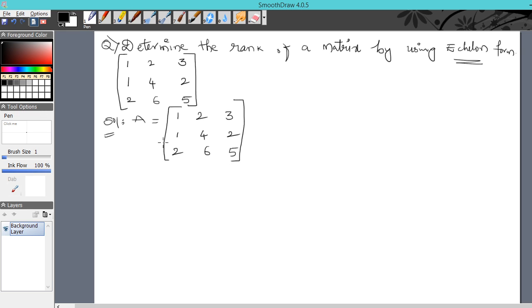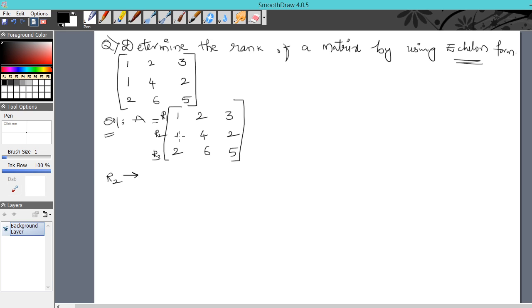Now make this element 0. This is row 1, row 2, row 3. I am performing the operation on row 2.